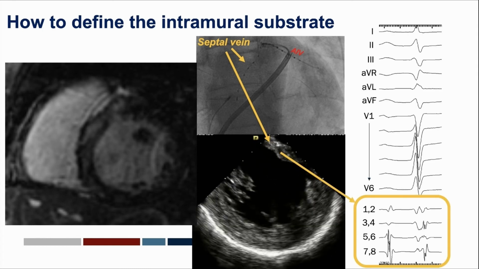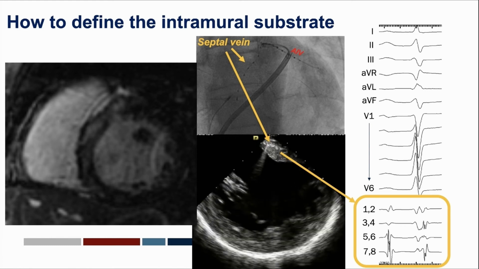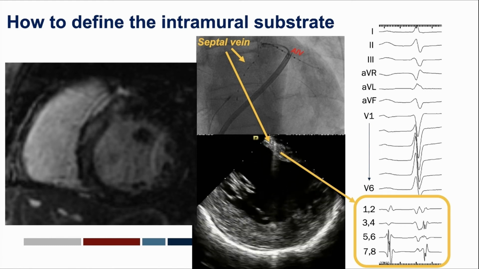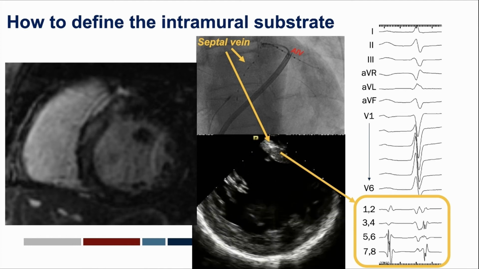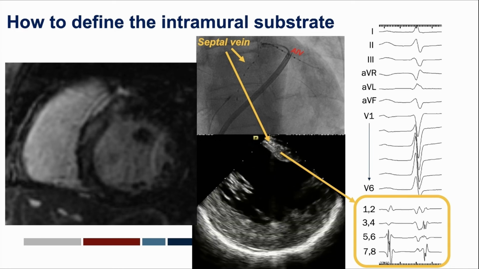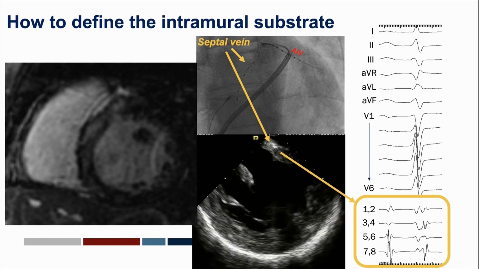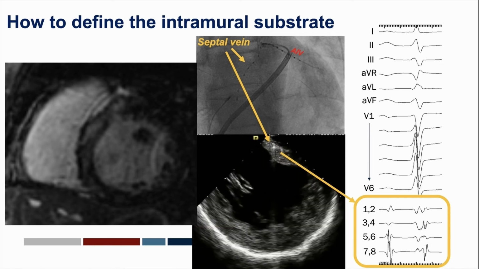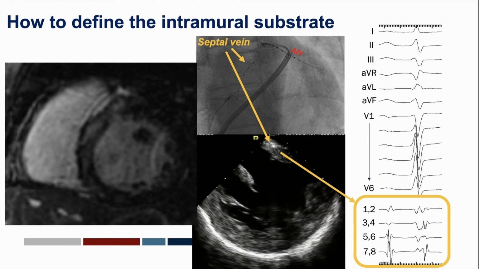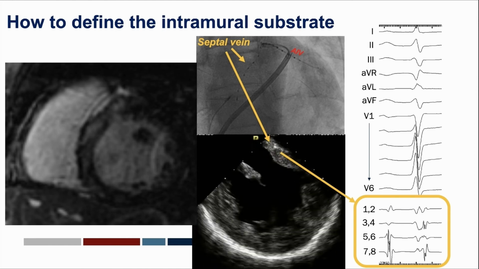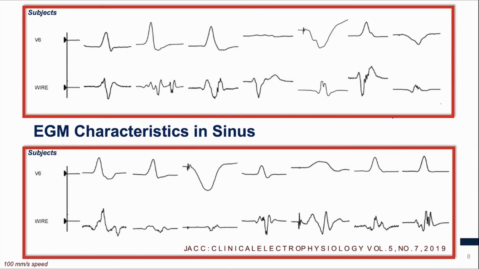And what we've been able to do is to clearly document the direct recording of fibrosis, delayed conduction, slow conduction, by defining the characteristics of the tissue. And you can see clearly here, in a patient with a long PR who has presence of septal substrate on the MRI, the late potentials inside of that muscle.